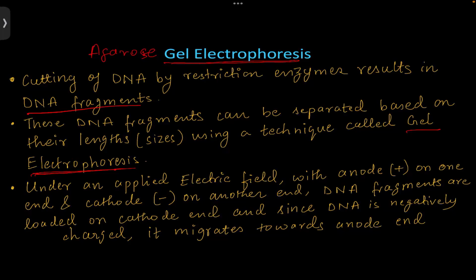So under an electric field, when DNA fragments are present at the negatively charged end, the cathode end, the DNA fragments will slowly migrate towards the oppositely charged end. And when they do, they will separate out. How will they separate out?